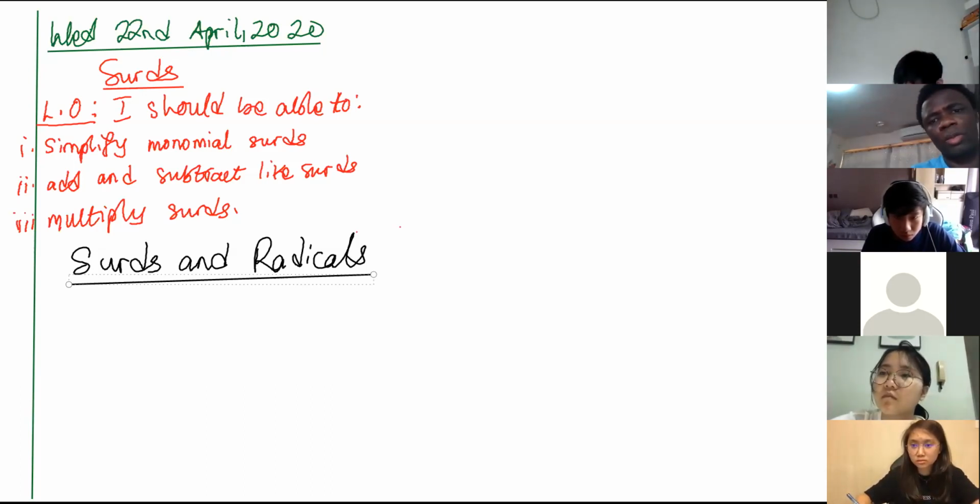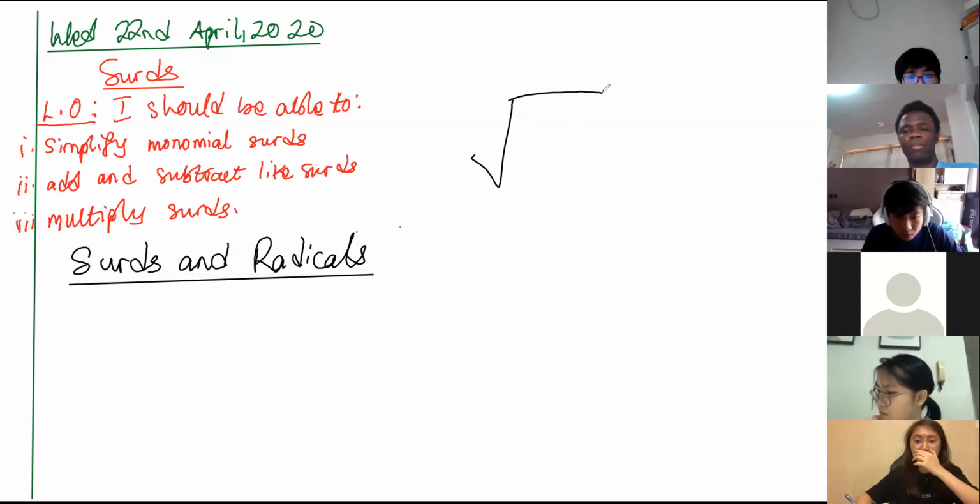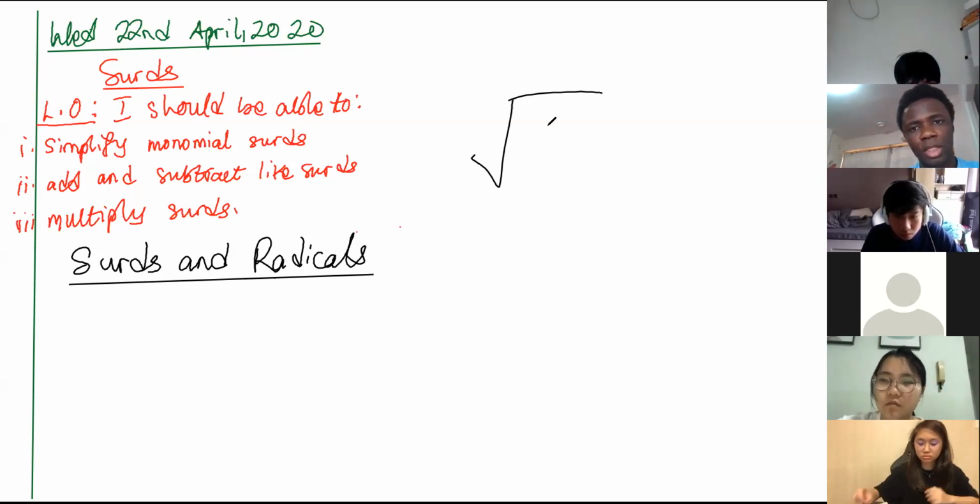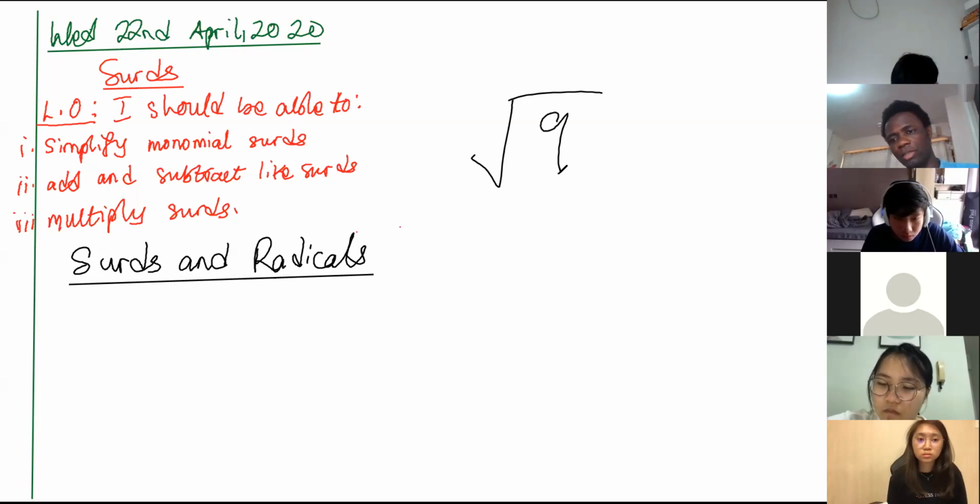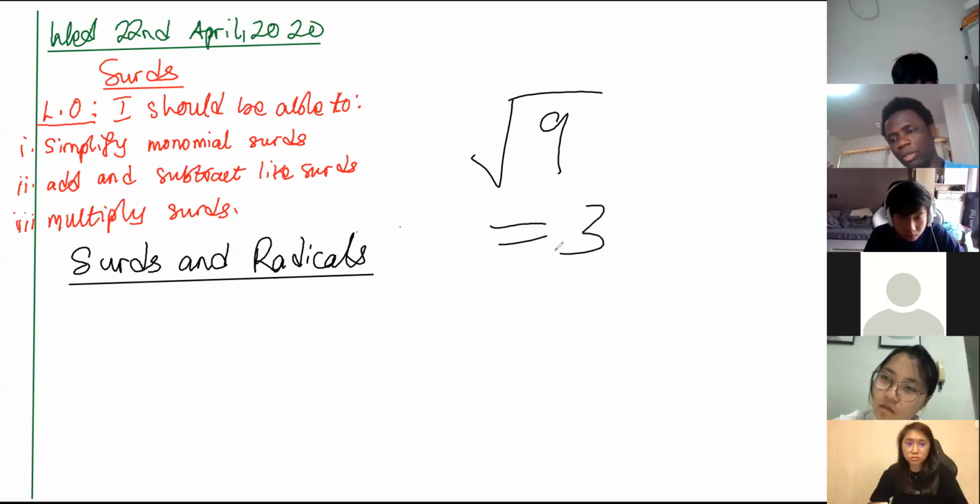All right, so when we talk about radical, this is the radical sign. The square root is a radical sign. So any number you write under the square root is a radical, but not all of them are surds. For example, you can write this. There's nothing bad in writing this, right? But it's not a surd because it leads to a number.